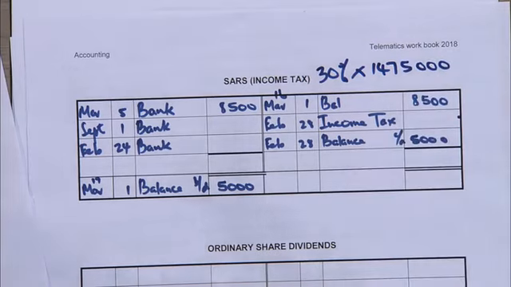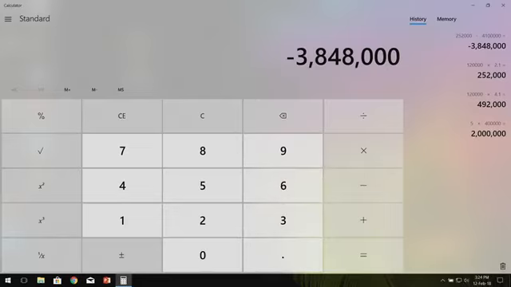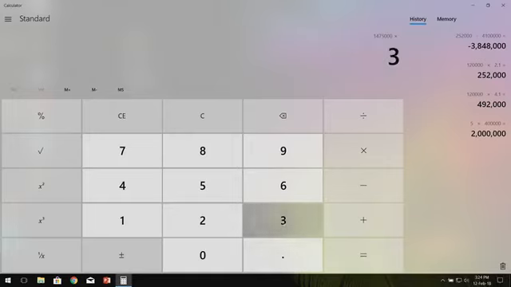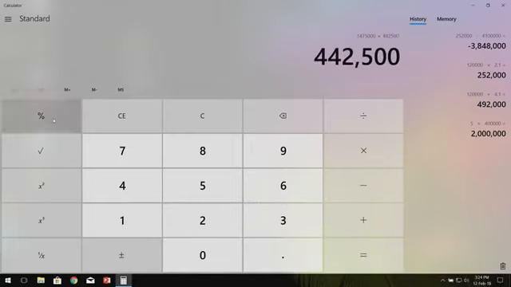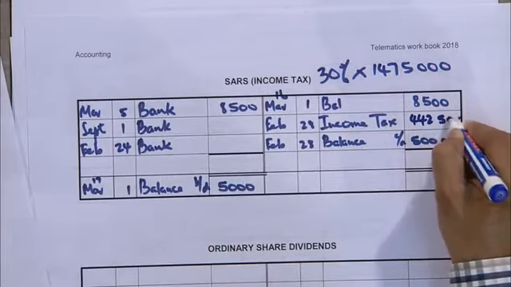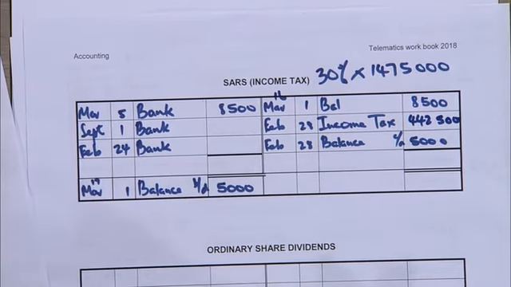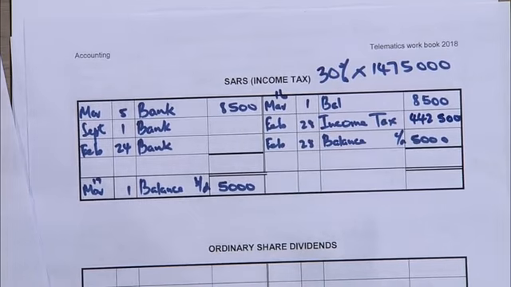That is what that figure is. So if I take my 30%, let me just clear this. 1,475,000 times 30%. My income tax is 442,500. Okay.